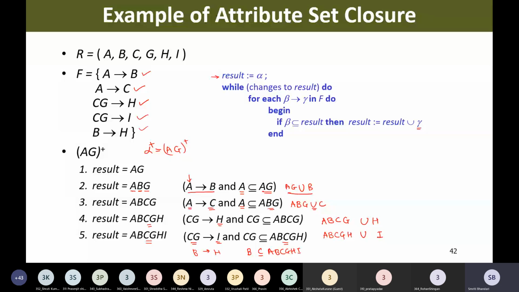My result will remain the same. And that is why we terminate here. So our AG plus would be A, B, C, G, H, I. The closure of this set of attributes AG, that is AG plus, is given as A, B, C, G, H, I.